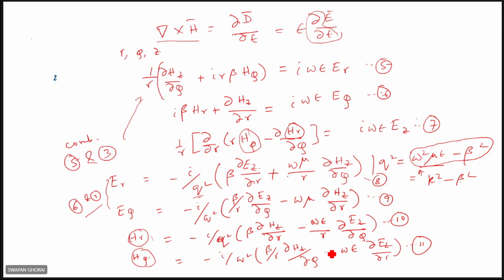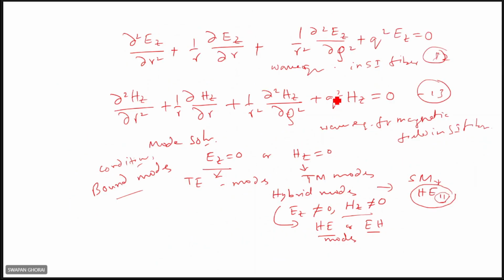Again, if you just rearrange these equations, you can develop the wave equation for electric field just by rearranging, right? Rearranging, you can have this equation for electric field, and this will give the equation of the magnetic field.